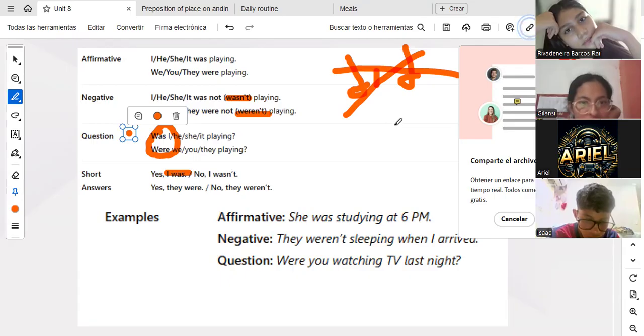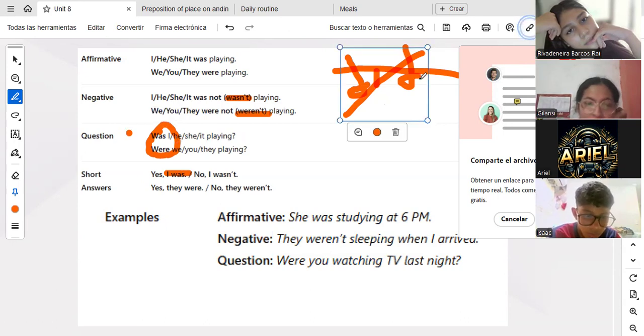Le decía que en el tema del pasado simple también se usa estructura con verbo to be, ¿o no? Yes, you can use verb to be in past simple, right? And you don't use did. O sea, si utiliza verbo to be, no utiliza el auxiliar.